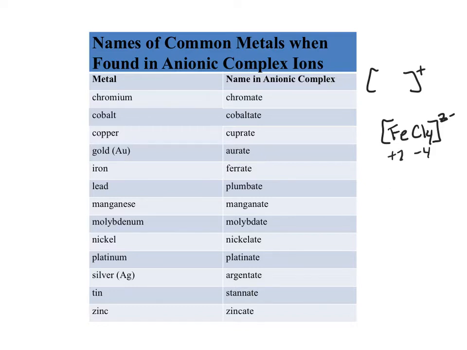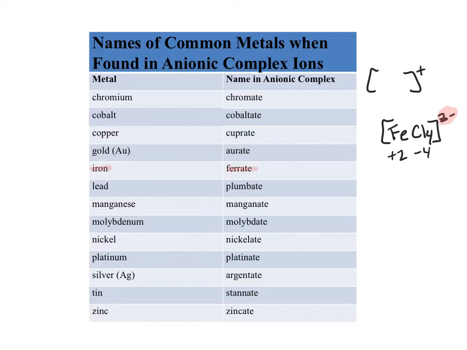This is +2. But what's important here, it's an overall 2 minus charge. So we would name the metal center not iron 2. We would name it ferrate.